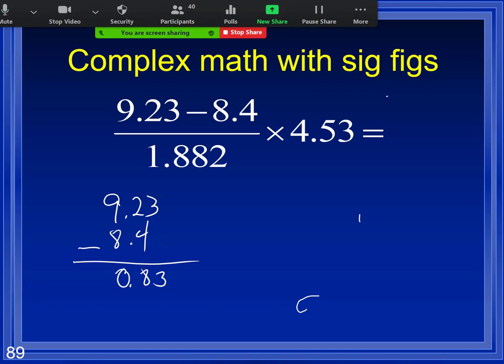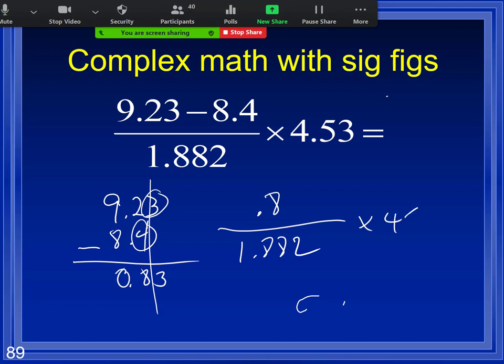What about sig figs? It rounds off there. So my numerator is now 0.8, just 1 sig fig, over 1.882 times 453.